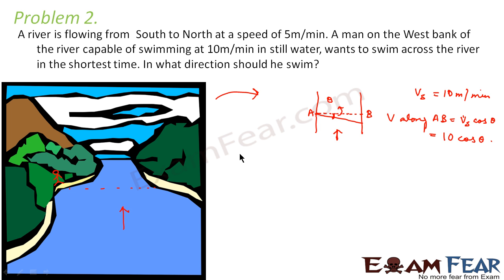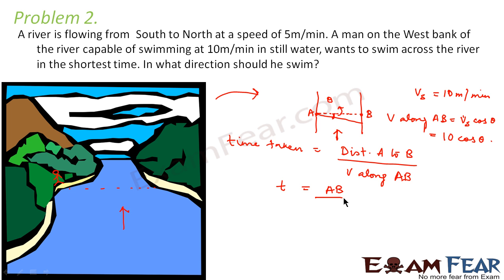Now the person wants to do this in the shortest time. The time taken to cross the river from A to B would be equal to distance from A to B divided by velocity along AB. So this time taken t will be equal to AB divided by 10 cos theta.